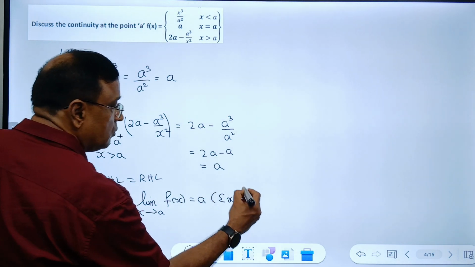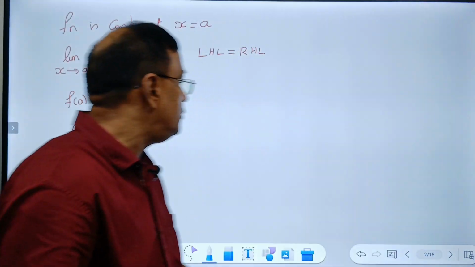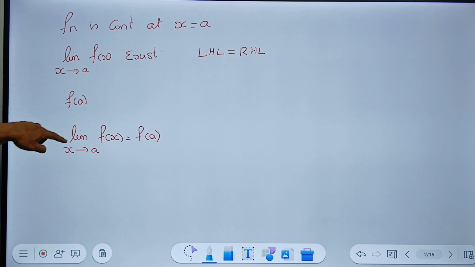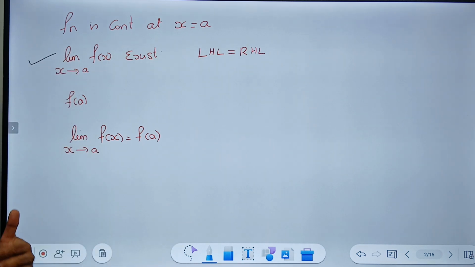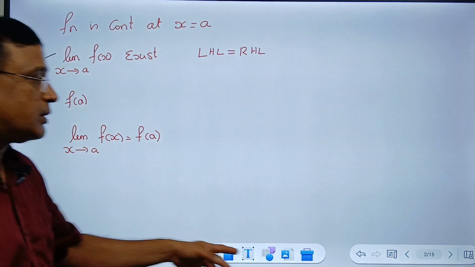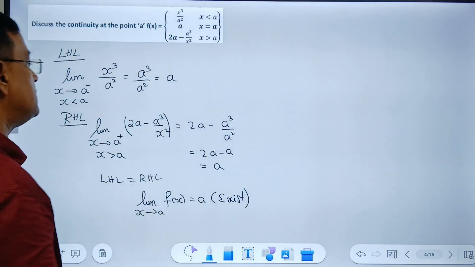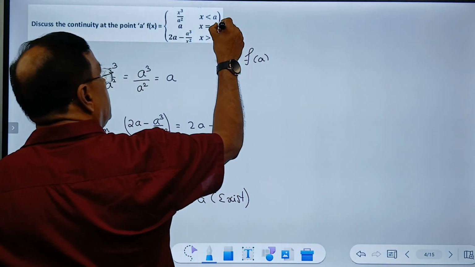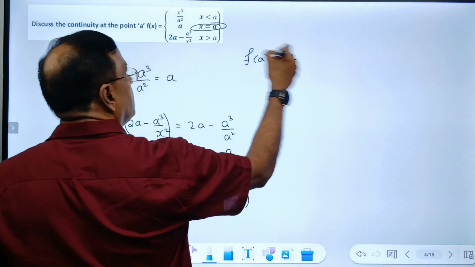So can I conclude that the function is continuous? Definitely no. Why? Because if a function has to be continuous, it has to satisfy all three conditions. Just because its limit exists, you cannot conclude the function is continuous. The reasons I have discussed in video 1 also, you can have a look at it. Now what is f of a? When x is a, f of a is a itself, right?